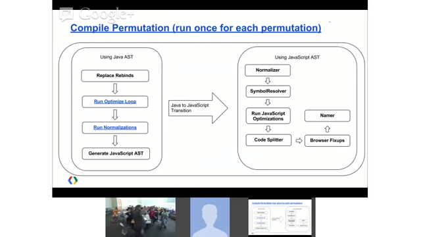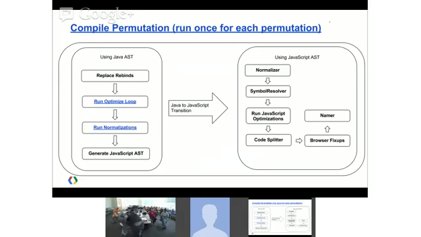Then we run the symbol resolver that resolves references. So one big difference between Java and JavaScript is that in Java there are very few scopes. You have the method scope, and that's where you look everything up mostly. In JavaScript, you have a hierarchy of scopes, so you may have nested function literals, and these define different scopes.